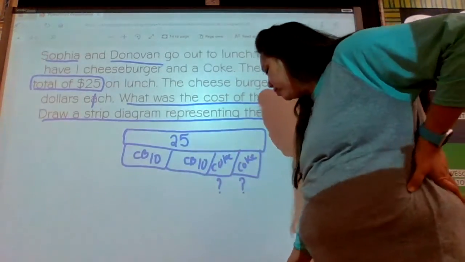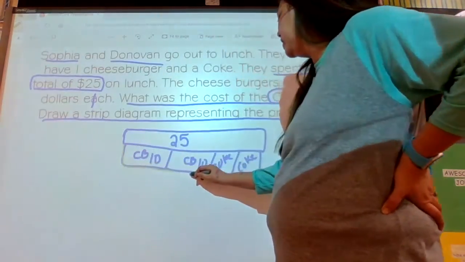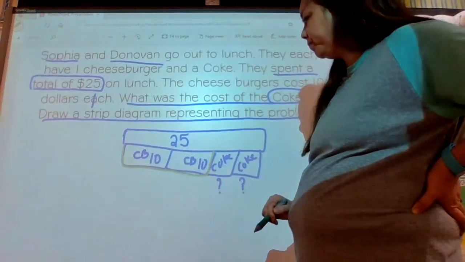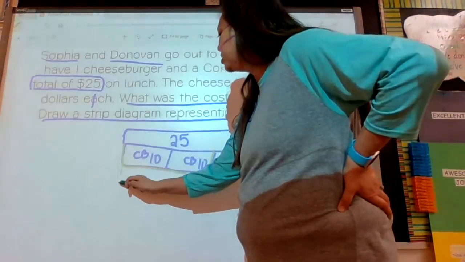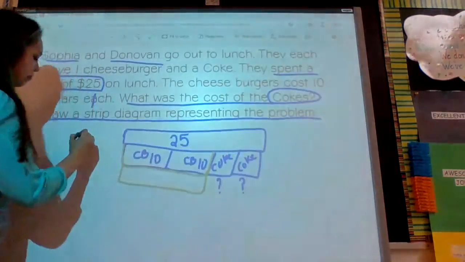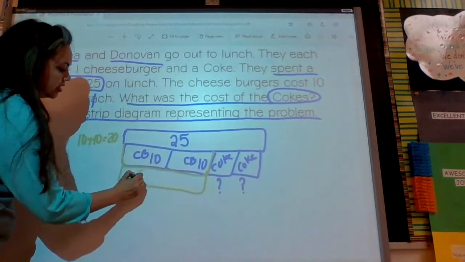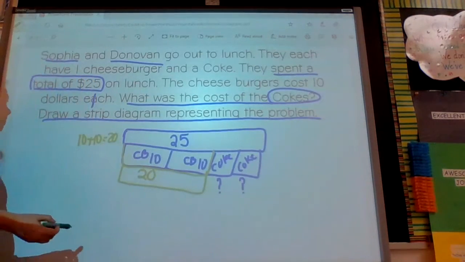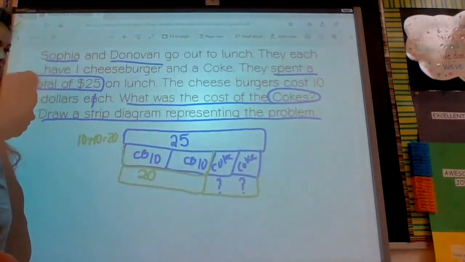But down here, if you remember from our last lesson, let's take out this piece right here and let's see how much we have spent. Well, if each cheeseburger costs $10, then this piece right here is 10 plus 10 is 20. So can I find out what this big piece is right there?